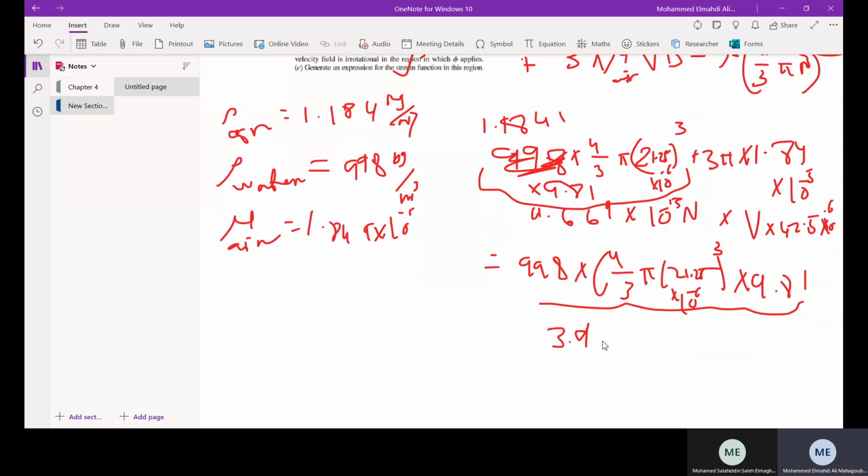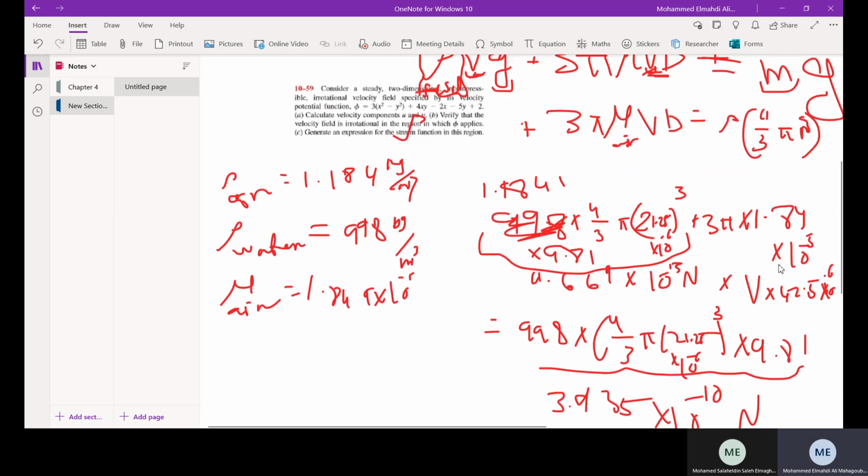And this is 3.935 times 10 to the power minus 10. It is a very small number as well, but it is much larger than the buoyancy term, approximately 1000 times larger. We can ignore the buoyancy term with respect to this term.